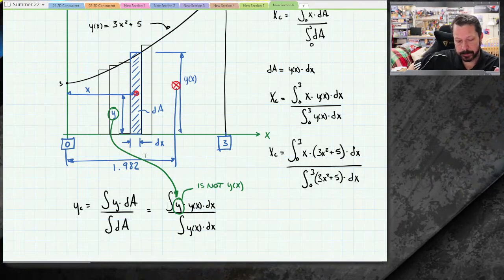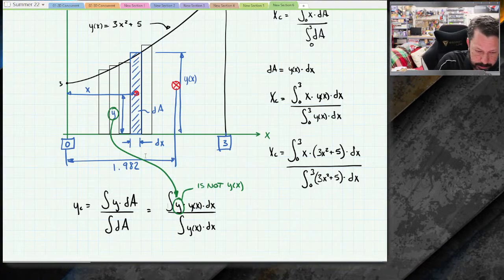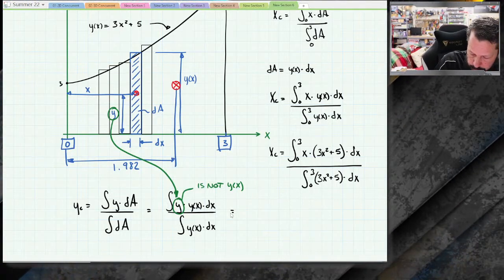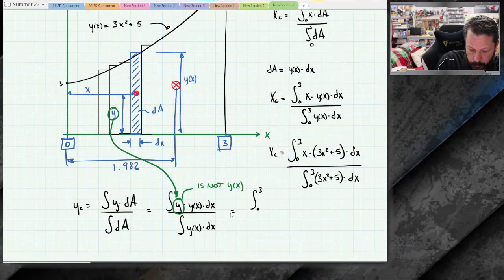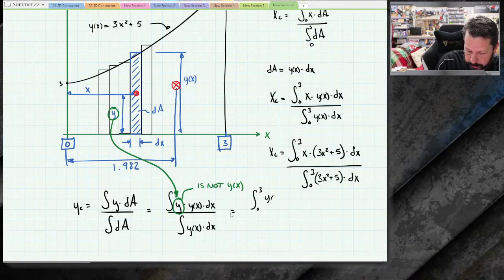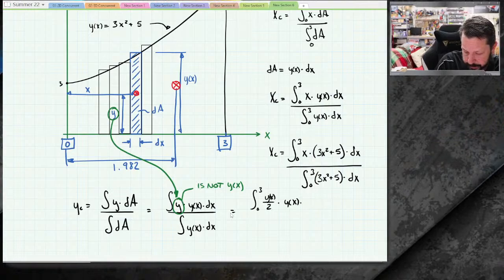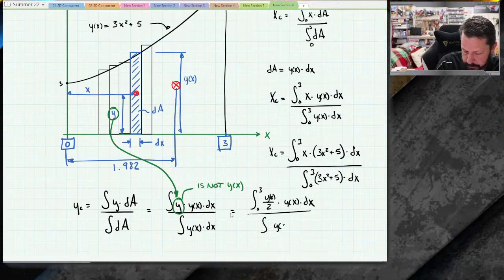It is the distance between the centroid of the strip and our reference axis. So this is really the integral from 0 to 3 of y of x over 2 times y of x dx over the integral of y of x.